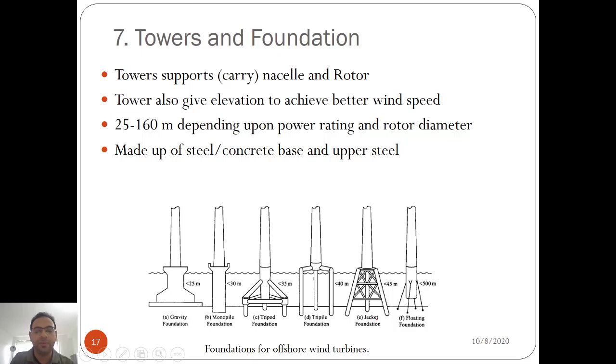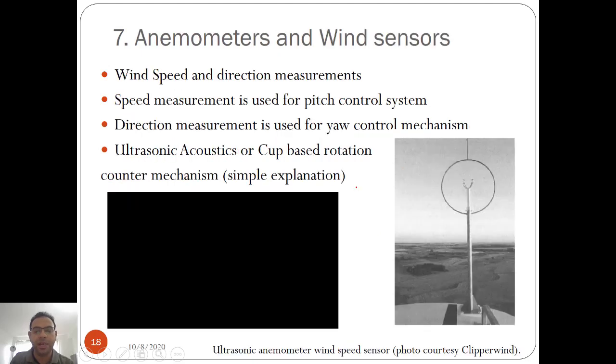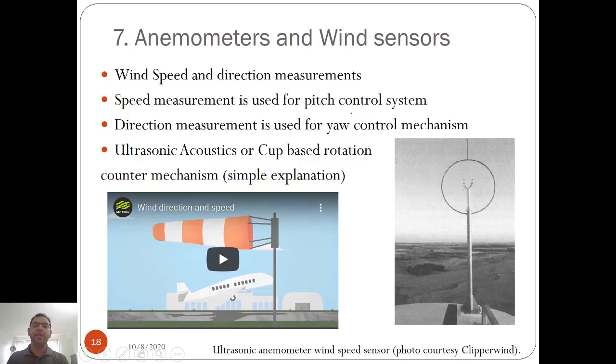The last component is the last but not the least, because all of our control system is based upon these sensors: anemometers and wind sensors. When I say wind sensor, it senses two things. One thing is direction, the other thing is speed.